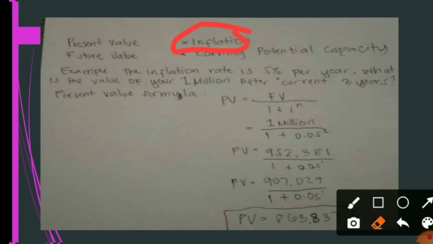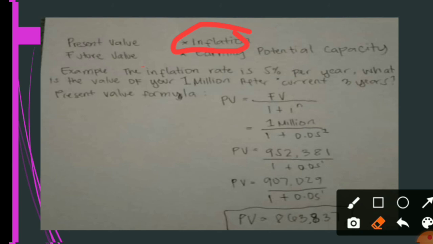So, ito yung formula natin is PV is equals to FV all over 1 plus i to the power of n. So, 1 million. Ayan na yung 1 million after natin. Yung after 3 years, may 1 million tayo. So, 1 million divide by 1 plus 0.05 to the power of 1.